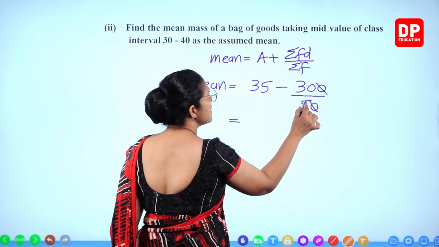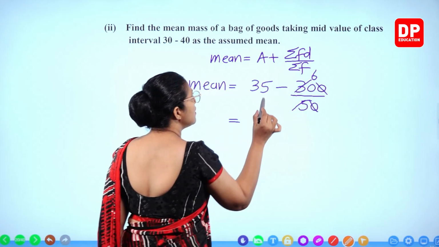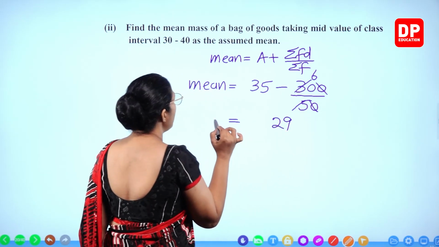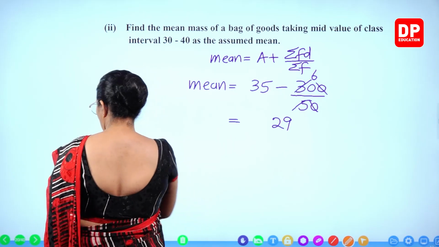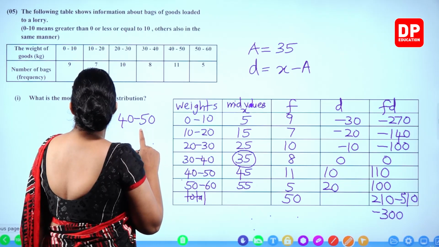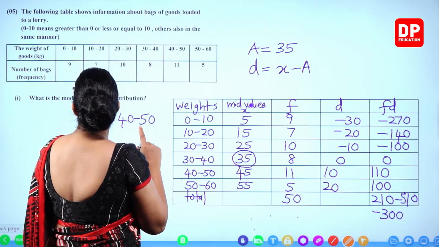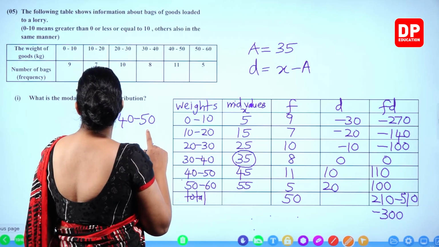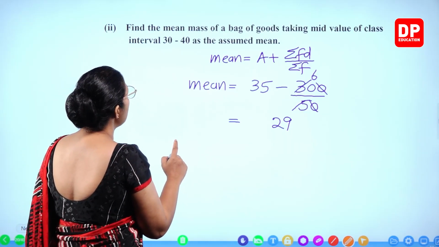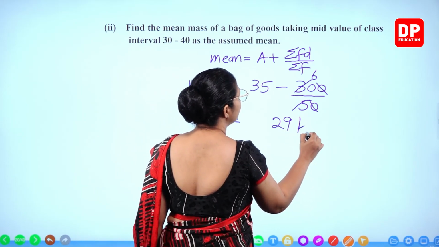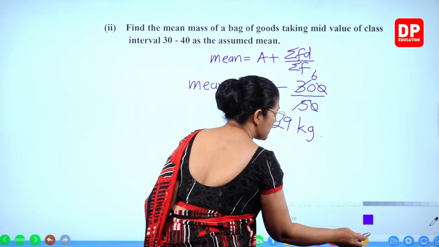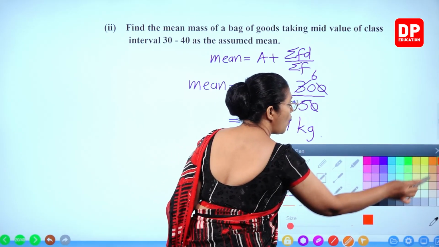The 0s get cancelled out. 5 times 6. 35 minus 6 is 29. So what it says here is about the mean weight of a bag. Mean weight of a bag is 29 kilograms. So let's see how many marks for all of these.